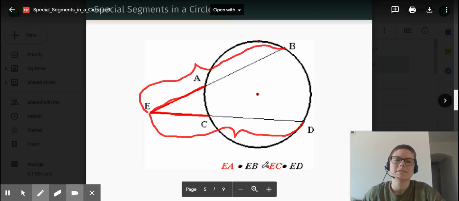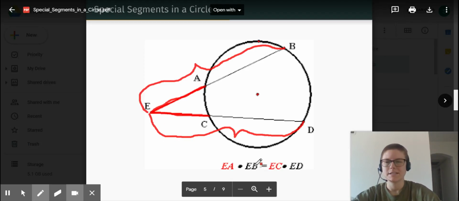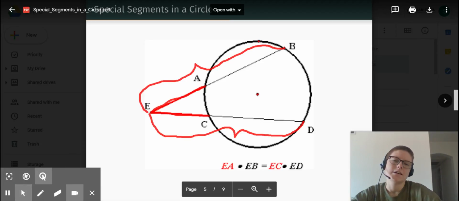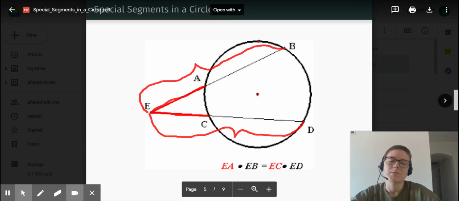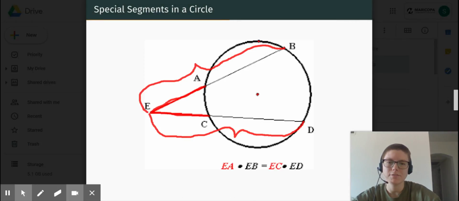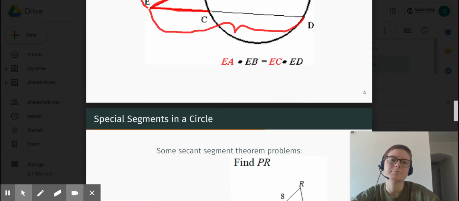Right, so that's all it means. We're going to do some examples on the next slide, but this picture might be helpful with the thing that it says. So pause if you're going to write it, because I'm moving on.